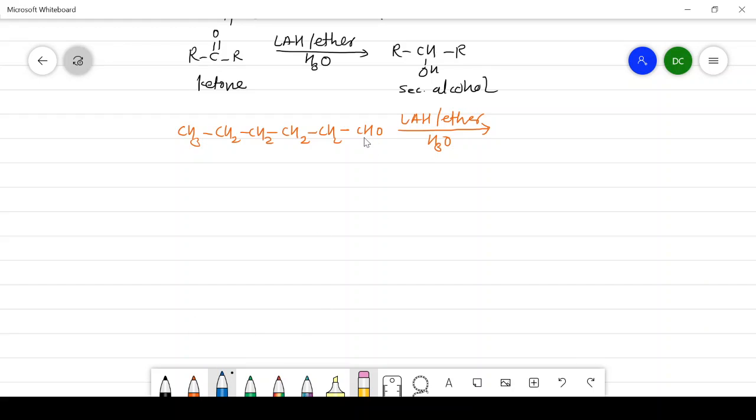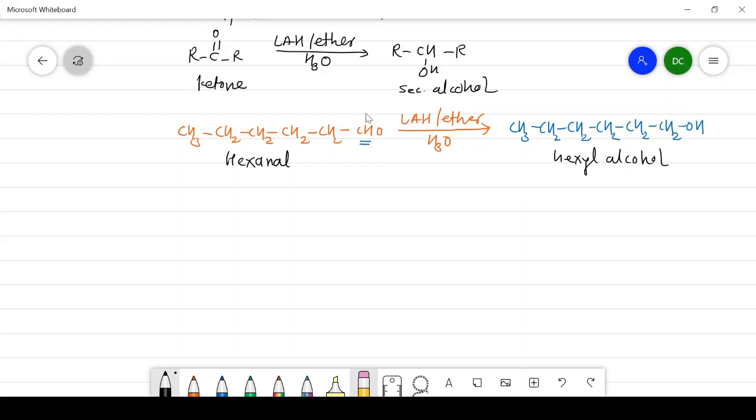Just we have to change this CHO group into CH2OH so that we will get CH3, CH2, CH2, CH2, then CH2, and finally CH2OH. It means that this hexanal is converted into n-hexyl alcohol. Only the change of CHO into CH2OH is observed.